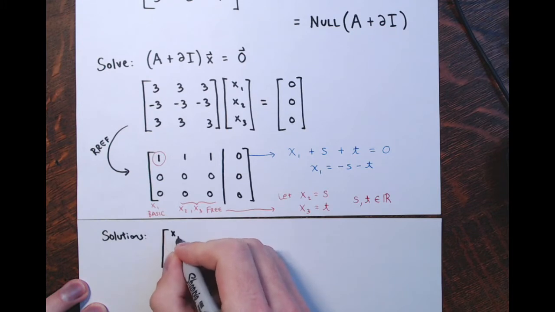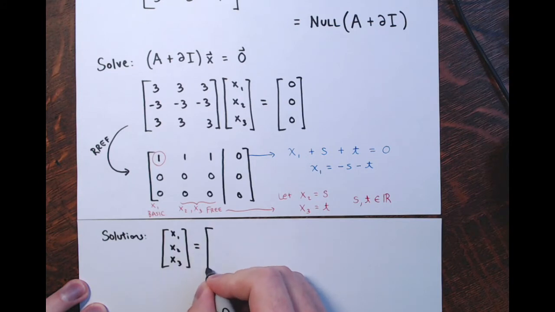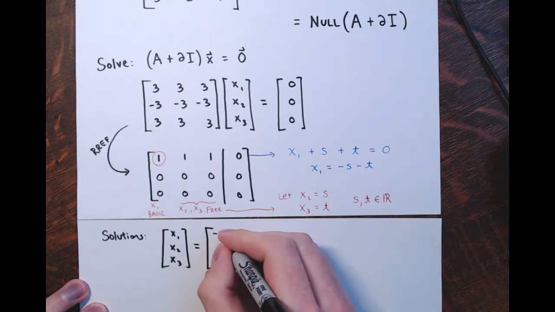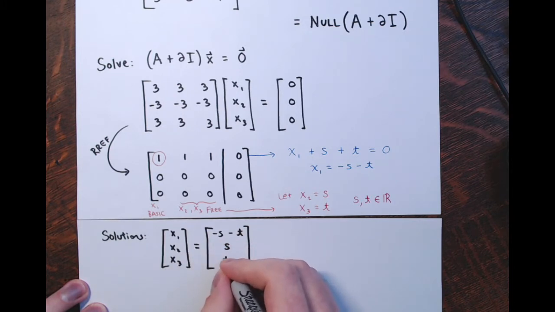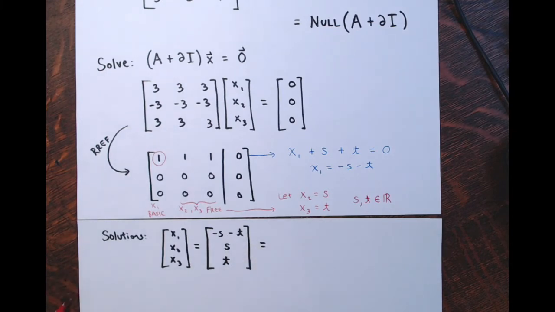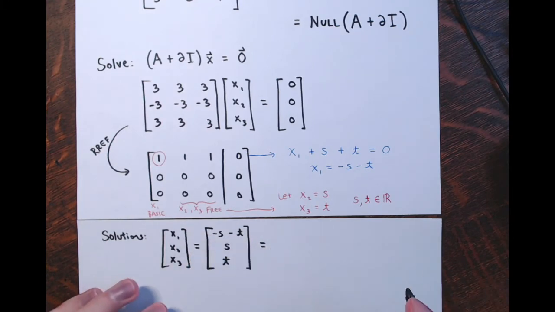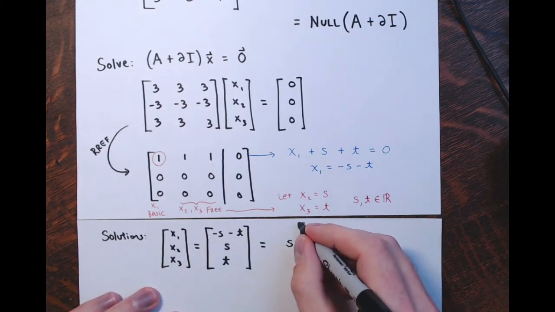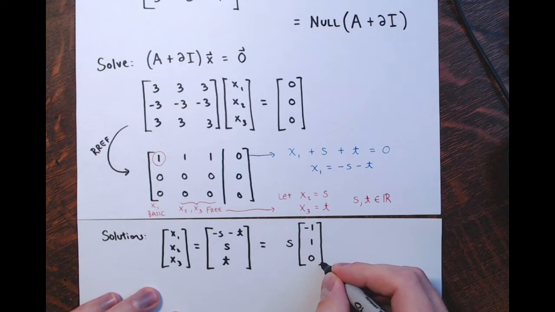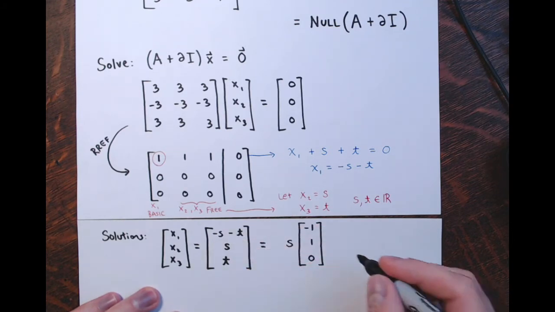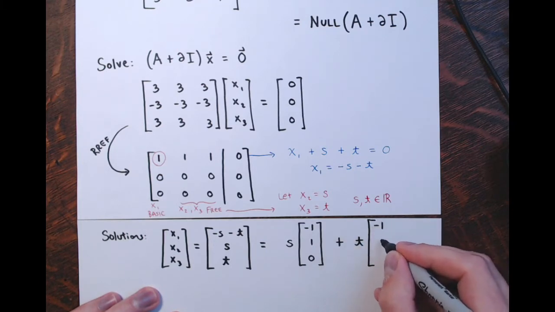My x1, x2, x3 equals, x1 I said was negative s minus t, and then x2 is s, x3 is t, and you've seen me do this before as well. I'll split these up, write it as a linear combination involving this s and t. Right? This is s times the vector -1, 1, 0. Those are just the coefficients of s going down these components, plus t times the vector -1, 0, 1.